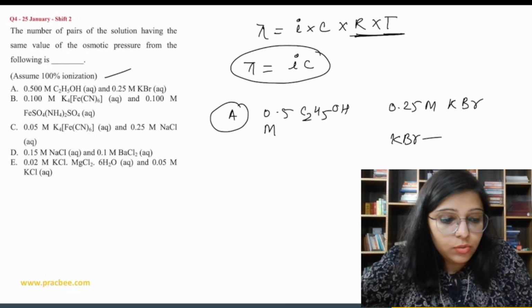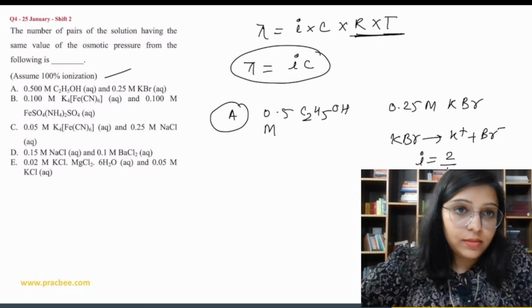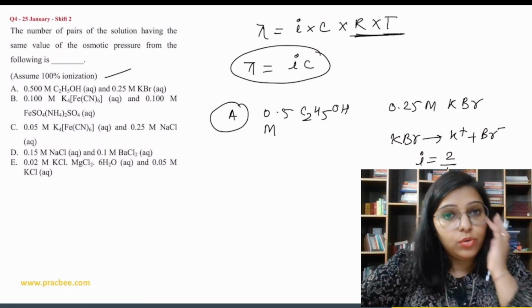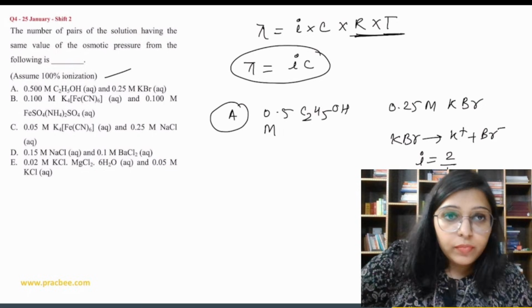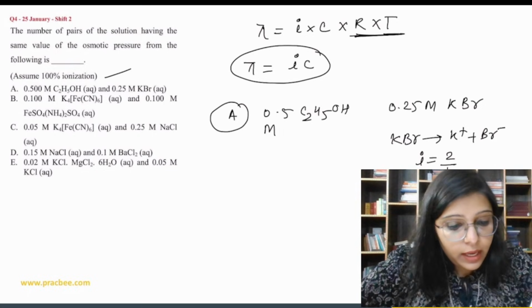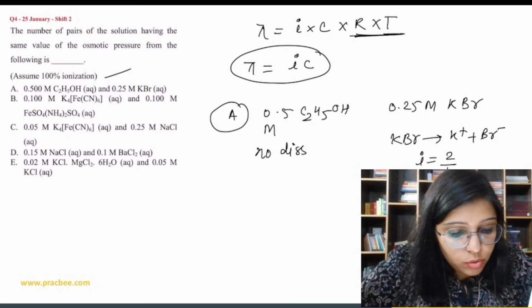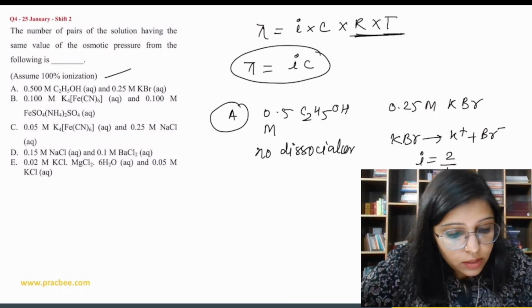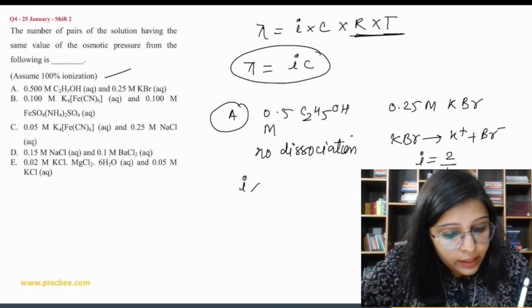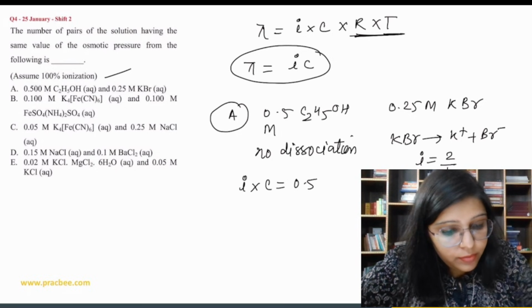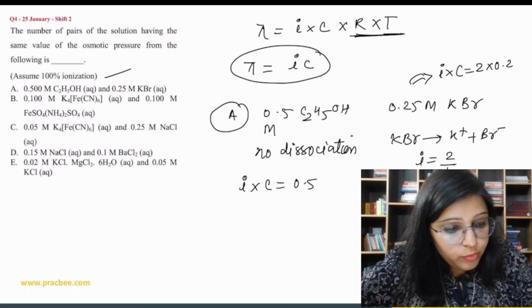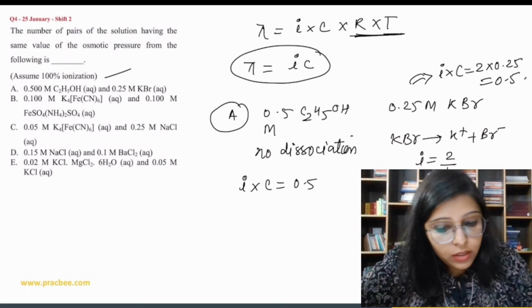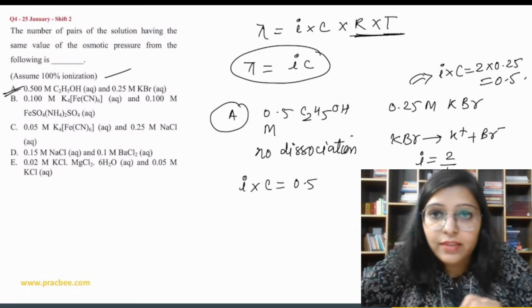KBr dissociates into K plus and Br minus, so the i value is 2 upon 1, because we have two ions from one KBr. So the i value is 2. Here there is no dissociation, so i into C is equal to 0.5, and here also i into C is equal to 2 into 0.25, which is equal to 0.5. So A has the same osmotic pressure.